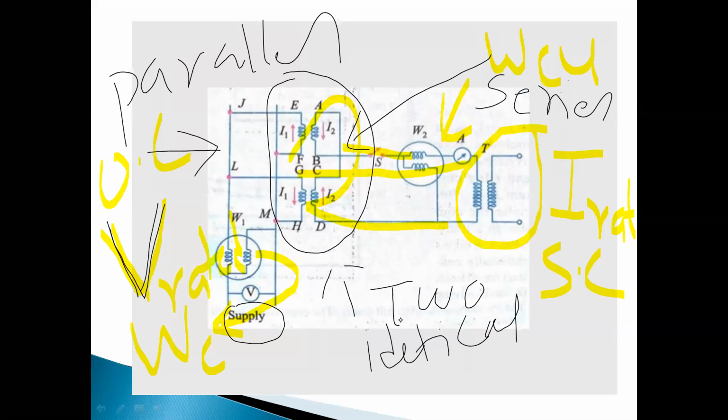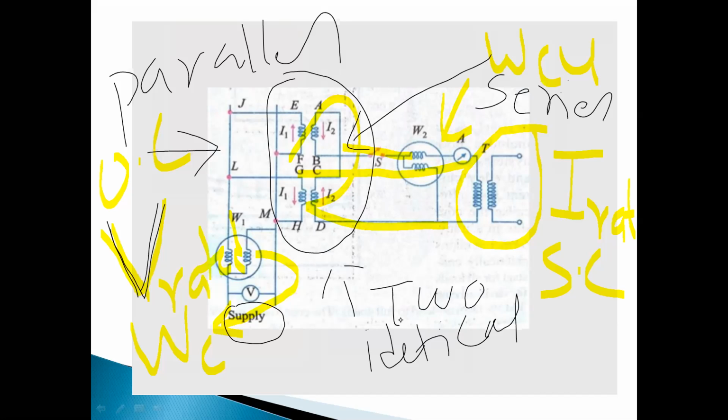We connect the primaries in parallel and the secondaries in series opposition. We apply rated voltage on the primary side and rated current on the secondary side with the help of auxiliary sources. Then we take all the meter readings, and from that we calculate the efficiency and regulation.